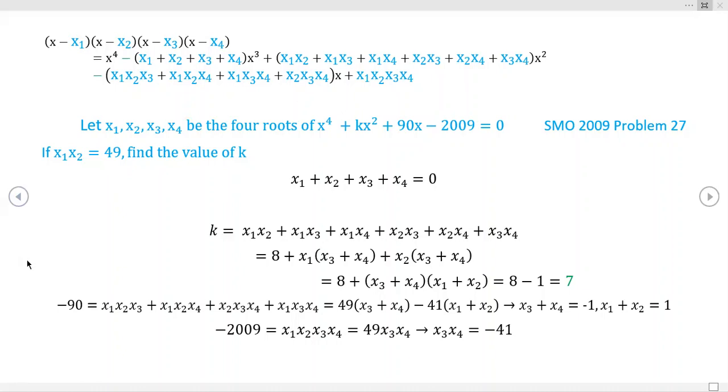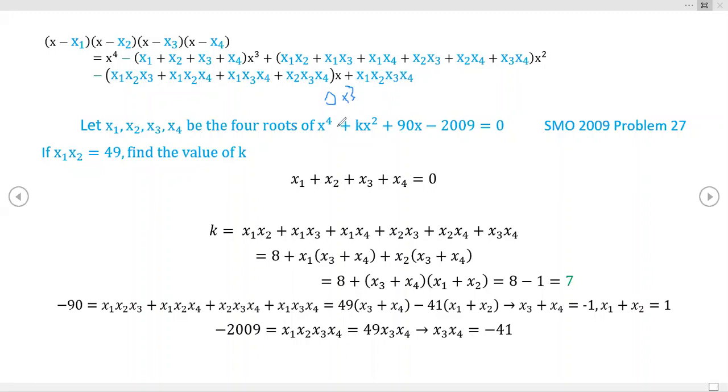So anyway, notice that in this particular problem, you actually have a 0 x cubed term right here. Okay, y'all, that's supposed to read 0 x cubed.